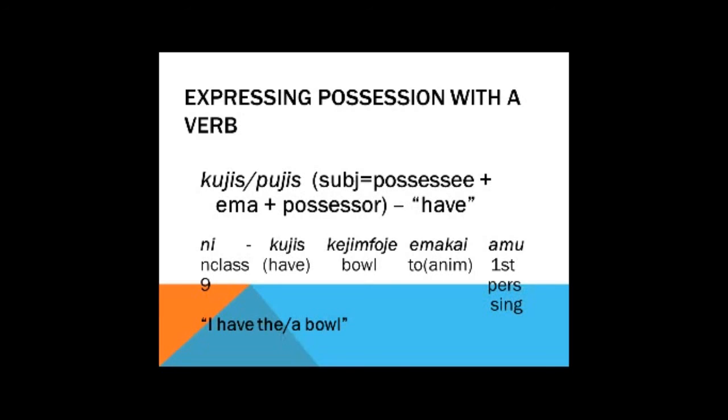And then the second part of it is actually the part that's saying to me. Yema means to. As per the previous lecture on prepositions, if the preposition is followed by an animate noun, in other words a noun that's representing a living thing, then it takes kai on the end. So therefore it becomes yema kai, amu is me. So the whole thing in sequence would translate as I have the bowl.